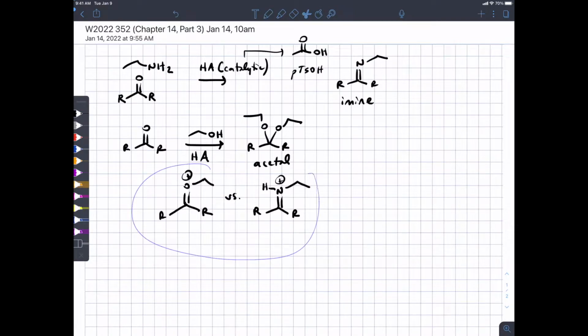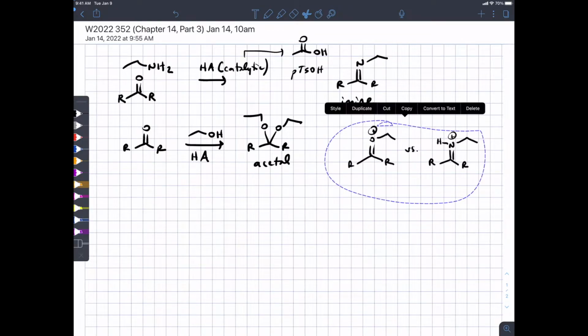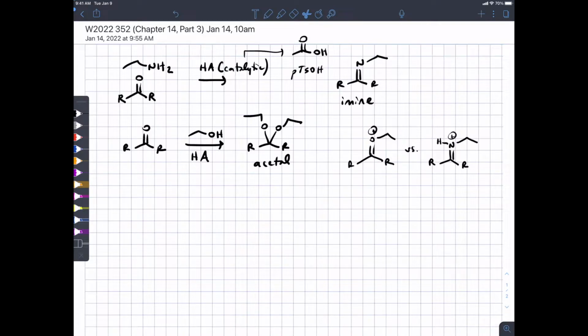Notice that with the oxonium ion, the oxygen has a positive formal charge because it's bonded to three things, and there's no oxygen-hydrogen bond we can remove to get back to a neutral oxygen. So instead, the only thing we can do is have another alcohol molecule come in and attack the oxonium ion to give us the acetal.